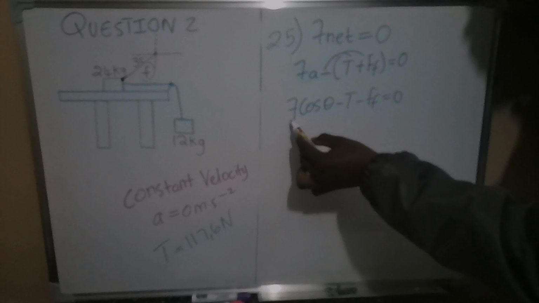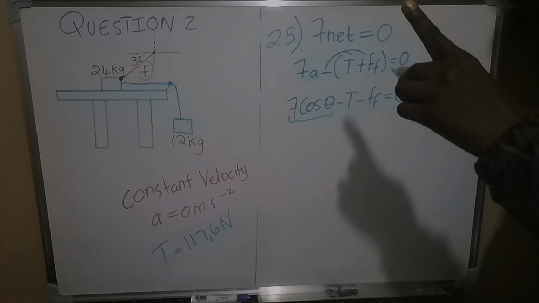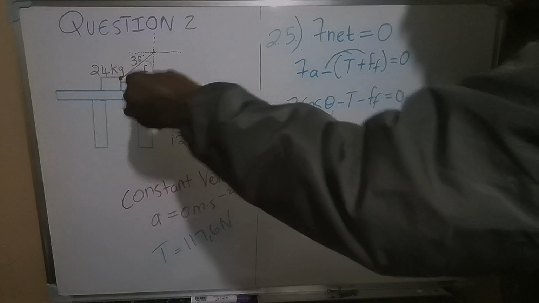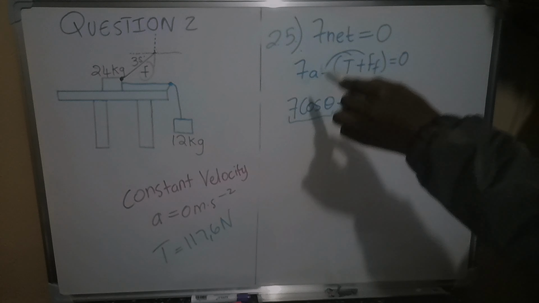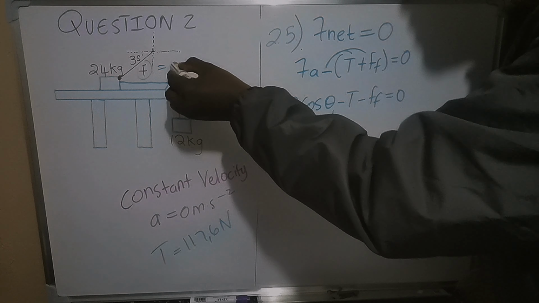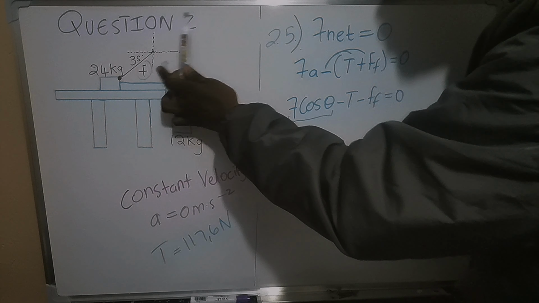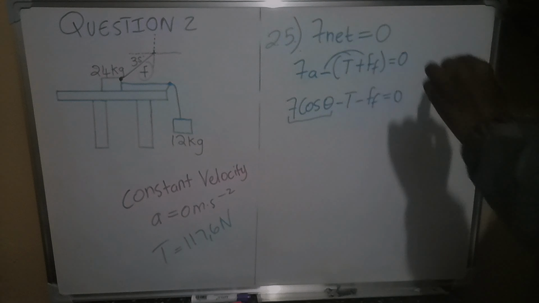So use this cos theta all the time when the force is acting at an angle on a horizontal surface. Even if they give you the value of the force applied, say 10 newtons, you're just going to write 10 cos theta here.